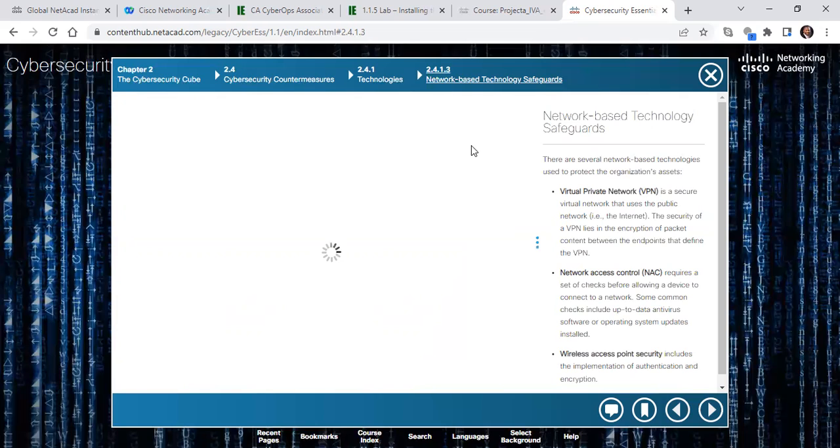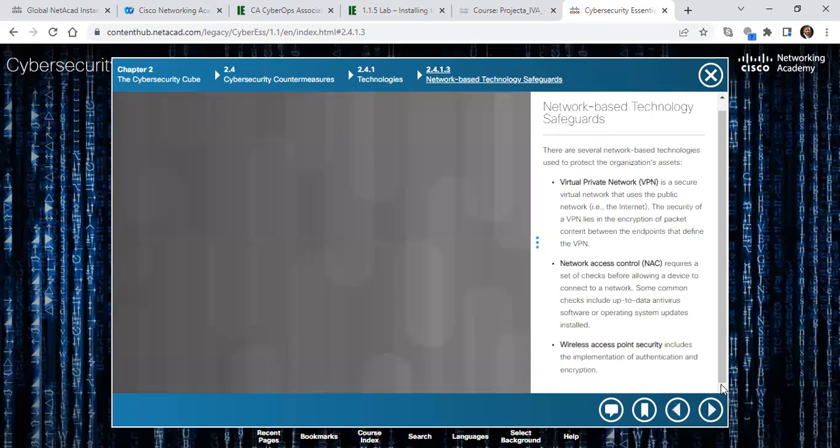The first one we talked about was the hardware-based. Now we're looking at the network-based technology safeguards. So what are the network-based technology safeguards? There are several network-based technologies used to protect the organization, okay? One of them is the virtual private network.